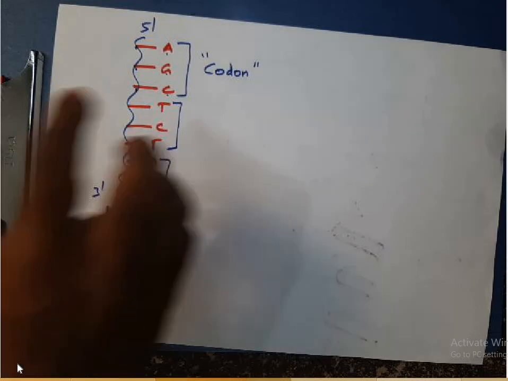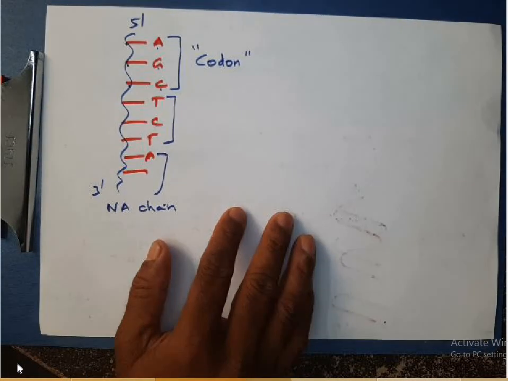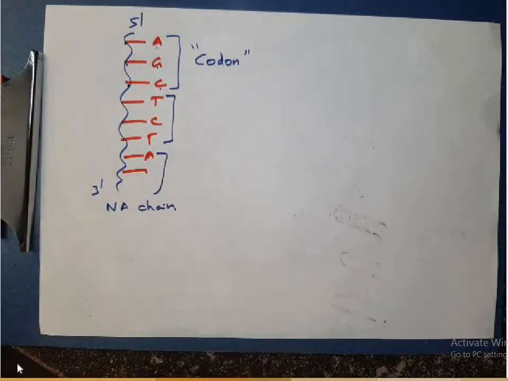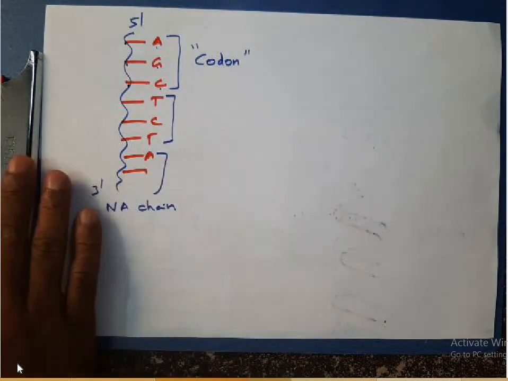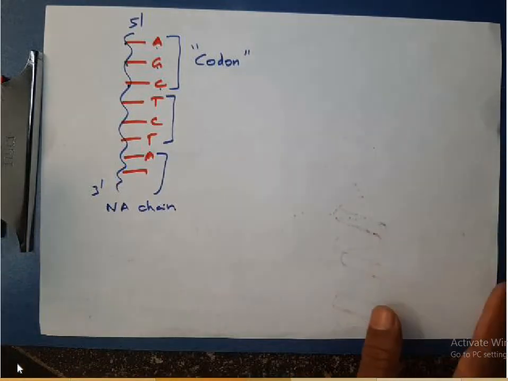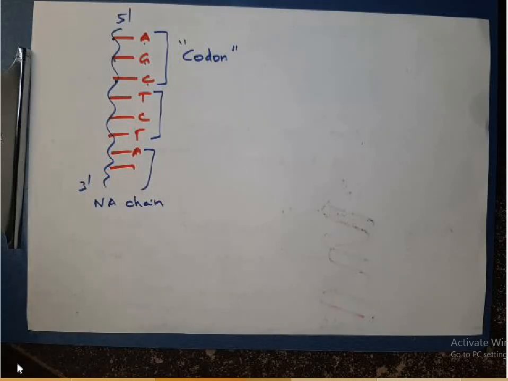These codon structures are responsible for the synthesis of proteins in human and animal bodies. We are not going to discuss that here; you may learn all these things in your higher classes. Okay, students, I stop here. We'll continue.